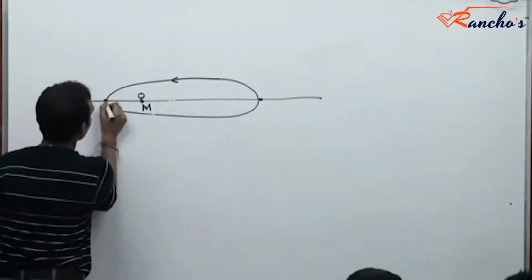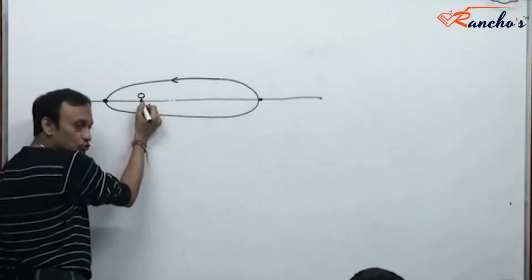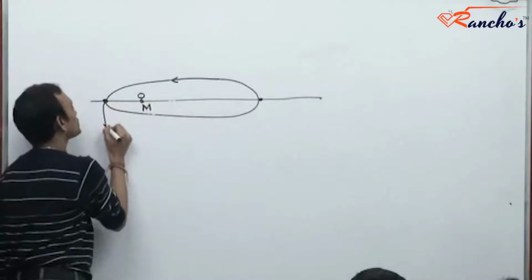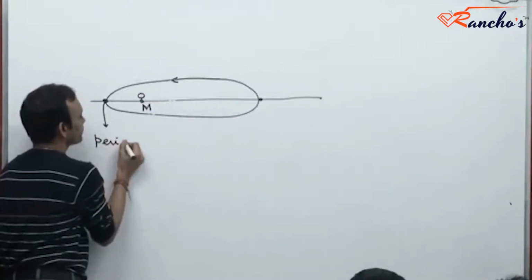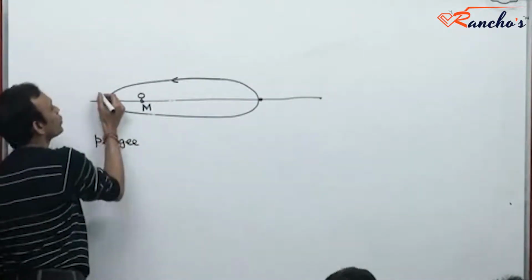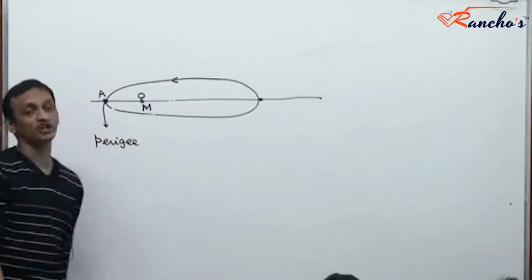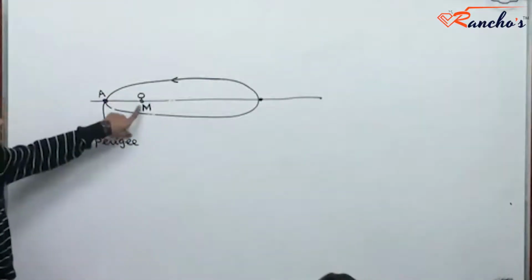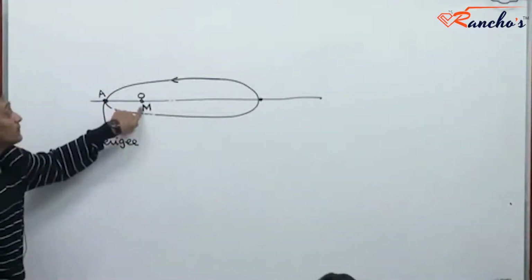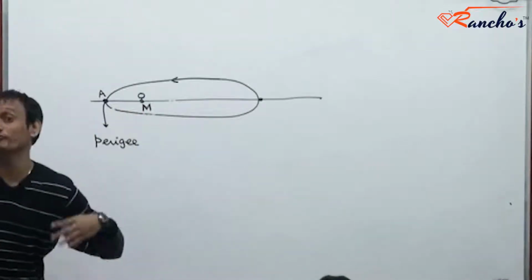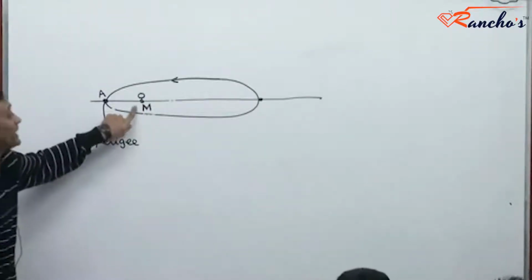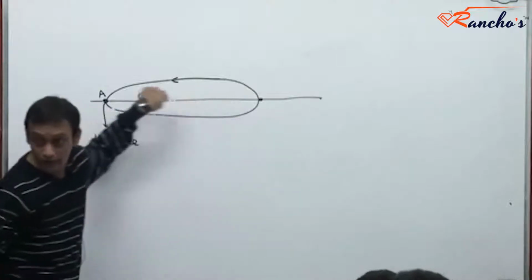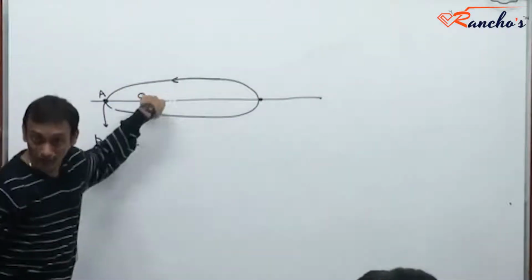then this is the point which is closest to the gravitating mass, and this point A is called the perigee, where M is placed at one of the foci. About M means this point M would be one of the foci of the ellipse.